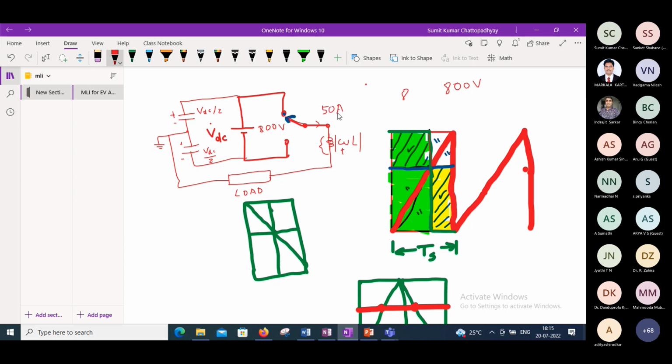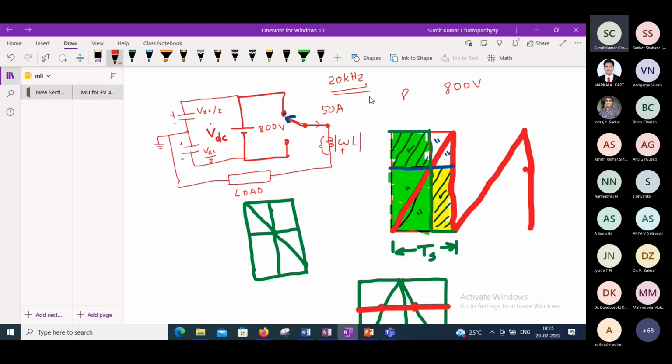Okay. If we want to operate this at a frequency, say 20 kilohertz, you can calculate, there are software tools. Any idea, if we are managing this with a 1200 volt IGBT, what will be the current rating of the IGBT for such a frequency of 20 kilohertz?